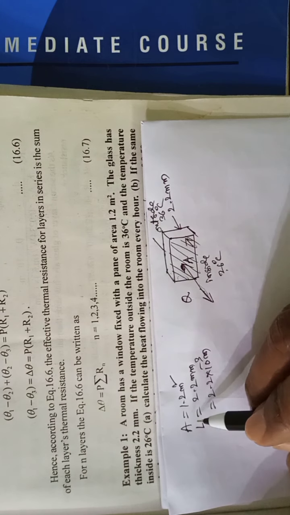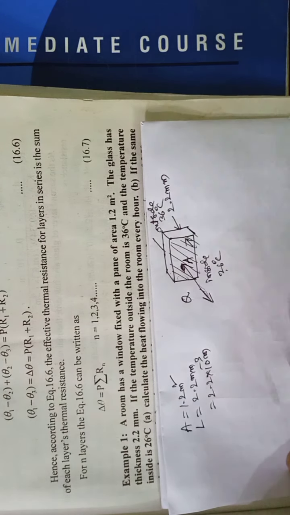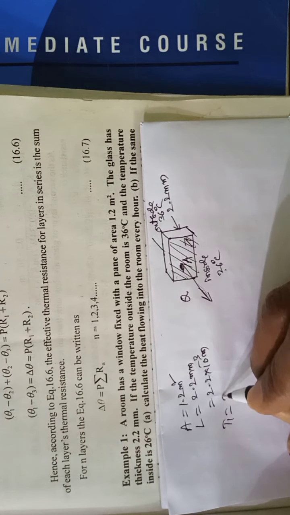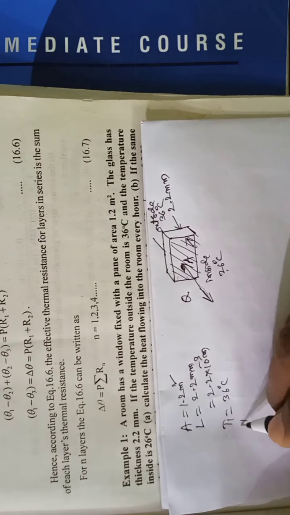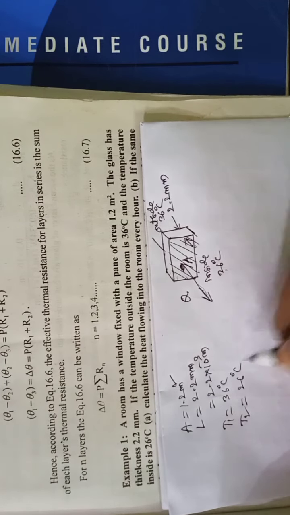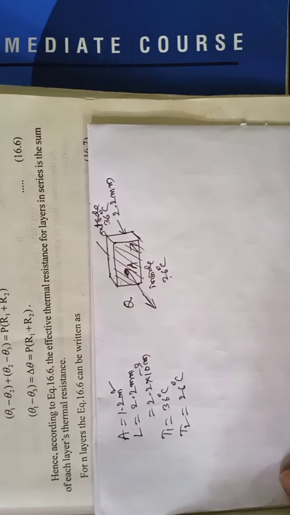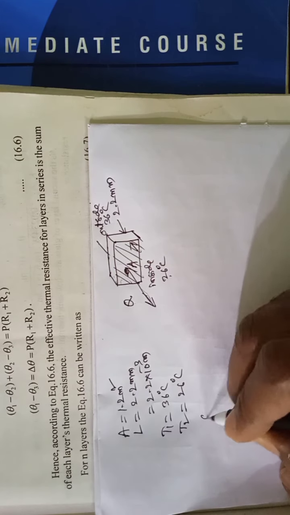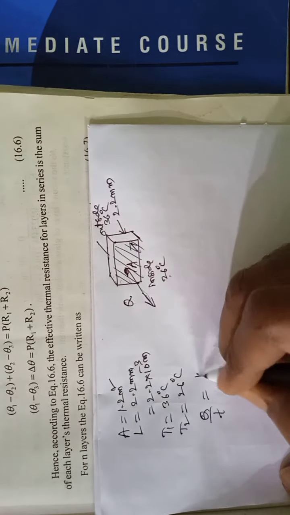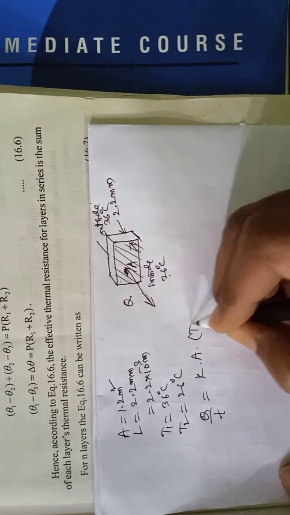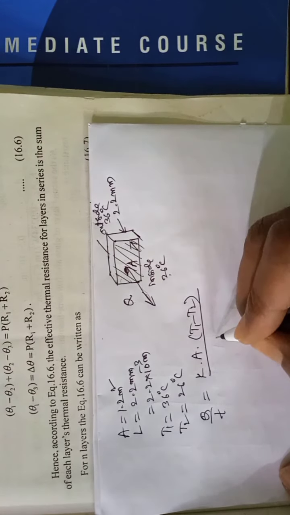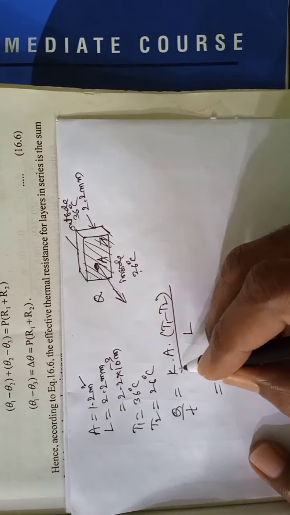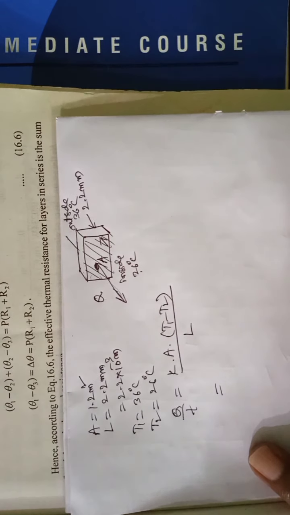Now A, L, and what else? The temperature T1 is equal to 36 degrees centigrade, T2 is equal to 26 degrees centigrade. Now we have to write the formula. The formula is Q by T is equal to K A T1 minus T2 by L. So K value, is it given here?